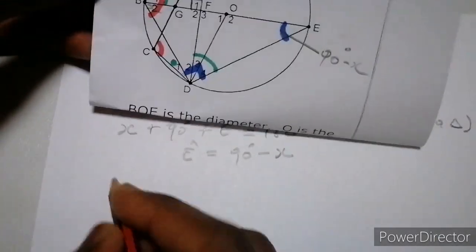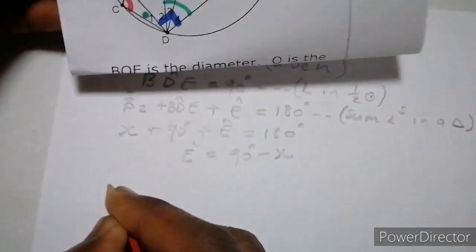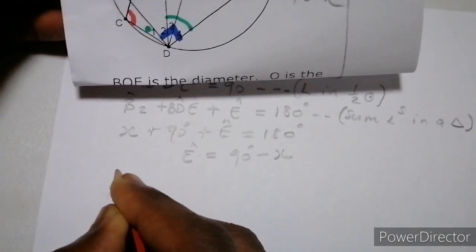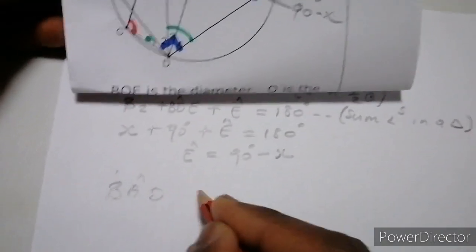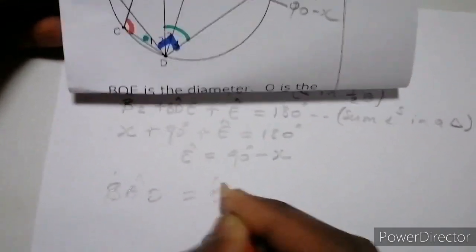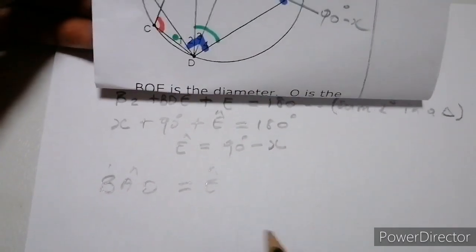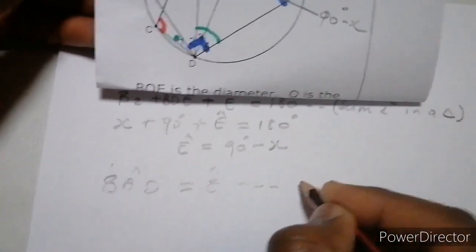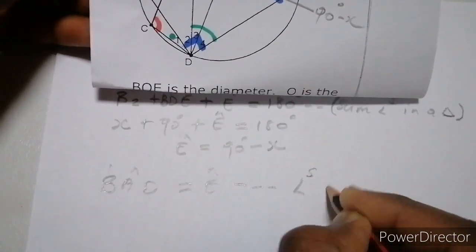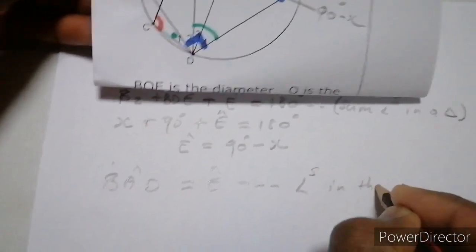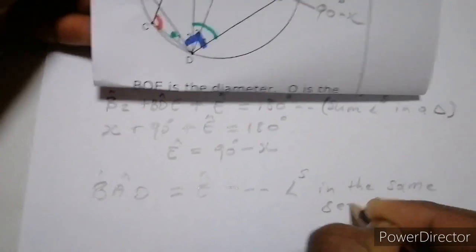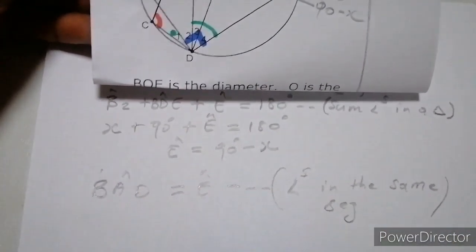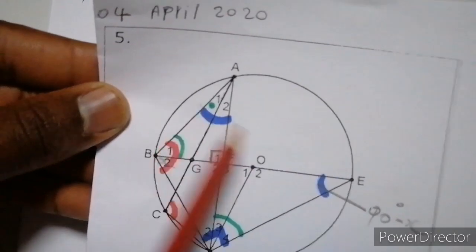Angle BAD is equal to angle E. What is the reason? Angles in the same segment. These two angles are in the same segment.